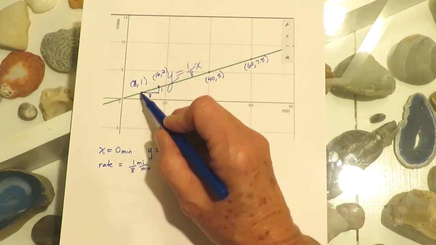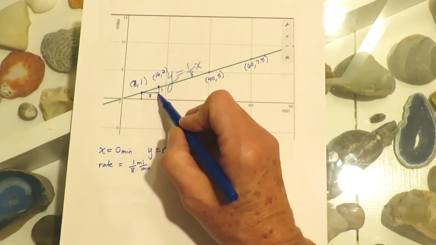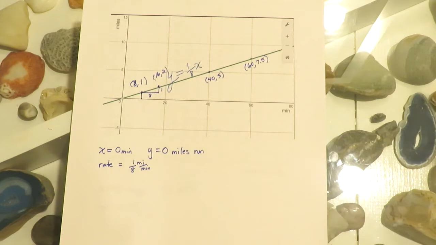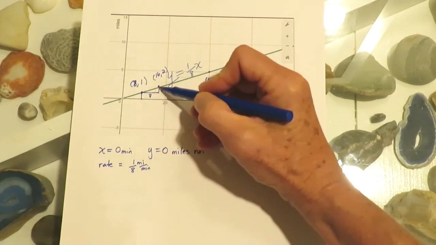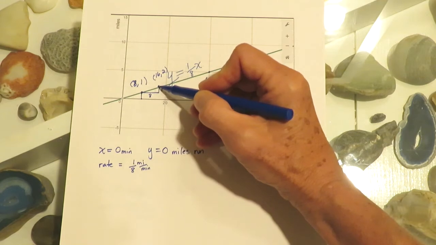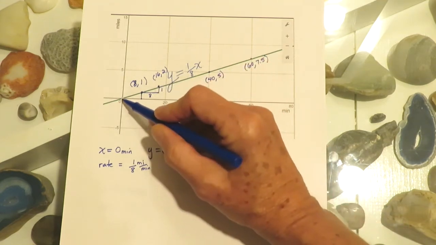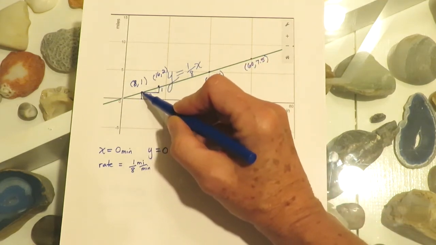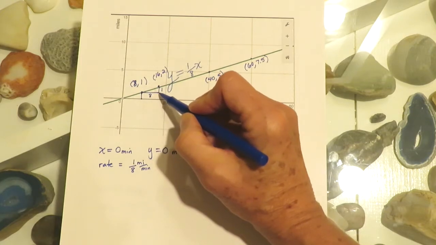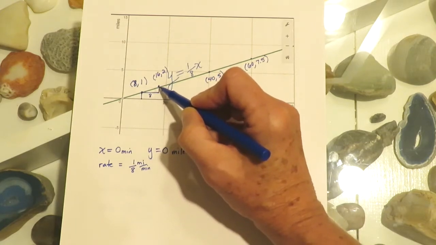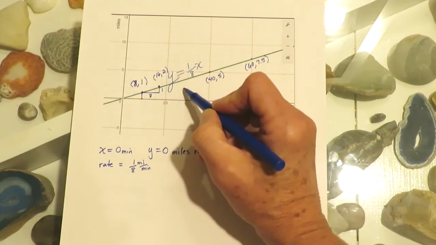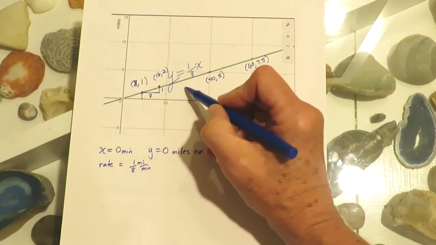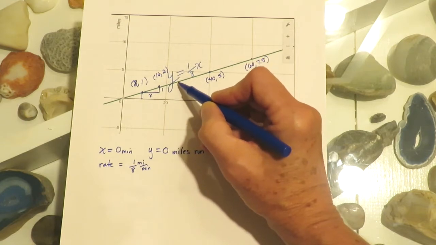So every time I run 8 minutes, 8 minutes is my input, okay? Every time I run 8 minutes, I increase my distance by 1 mile. So if I run 8 minutes, I've gone 1 mile. If I run 8 more minutes for 16 minutes, I've gone 2 miles. If I run 8 more minutes for 24 minutes, my distance is 3 miles.